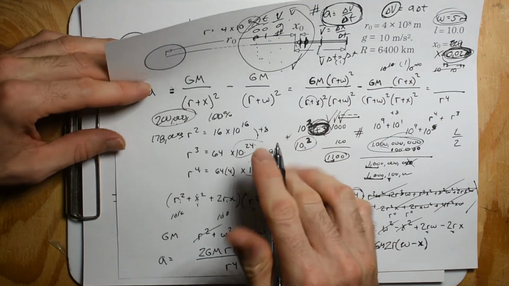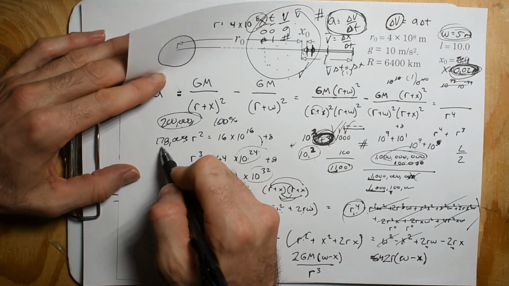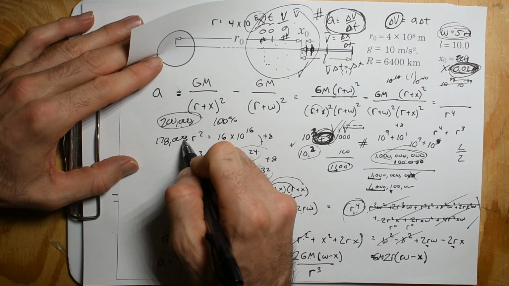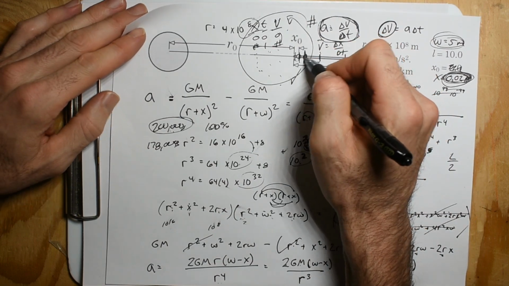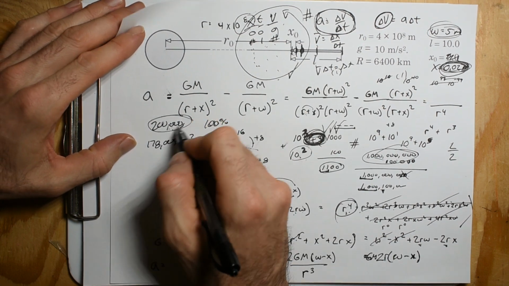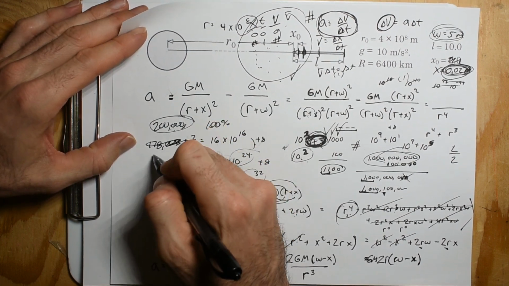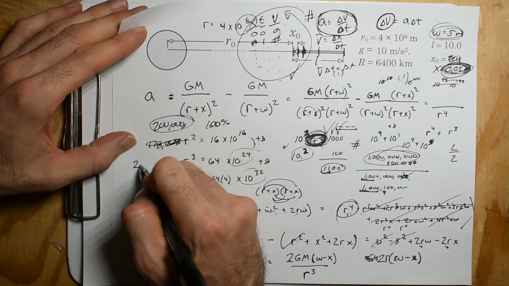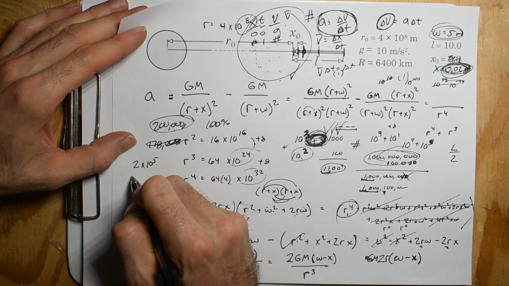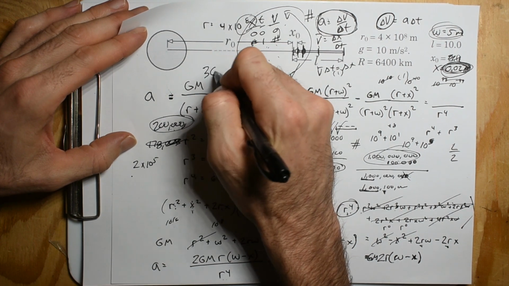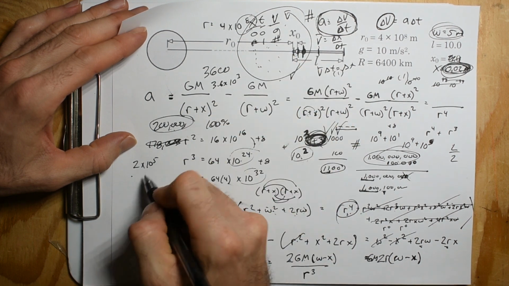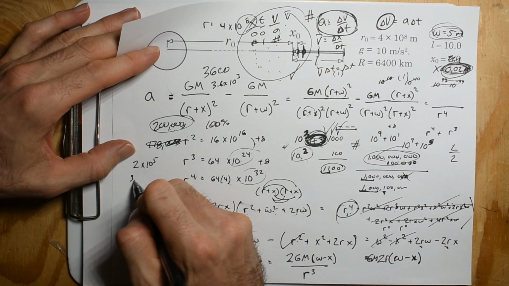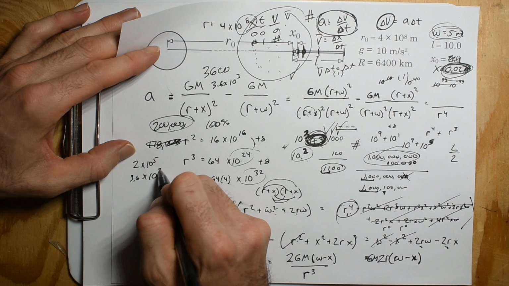And let's leave it like this. How many hours was that, or how many days? If this was 2 meters away, I got 200,000, so that's 2 times 10 to the 5, and we're going to divide by 3,600, which is 3.6 times 10 to the 3.